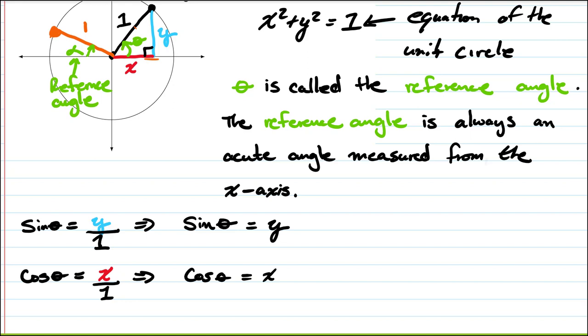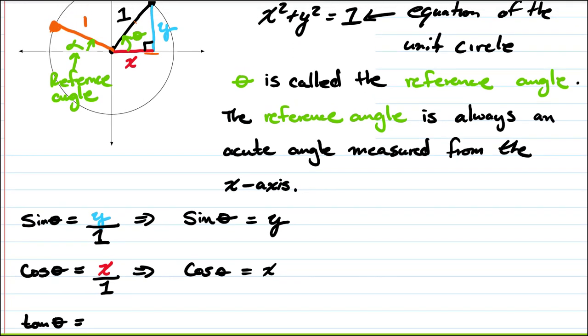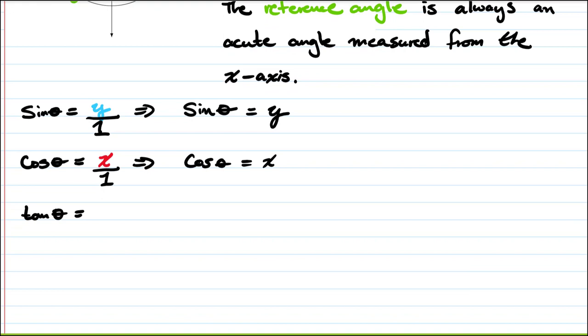Lastly, we can do tangent, and there are a few ways we could do that. The tangent of theta is opposite over adjacent, so that's going to give us y over x.